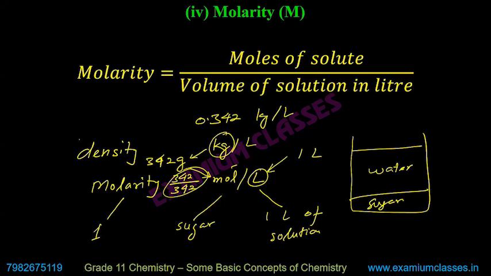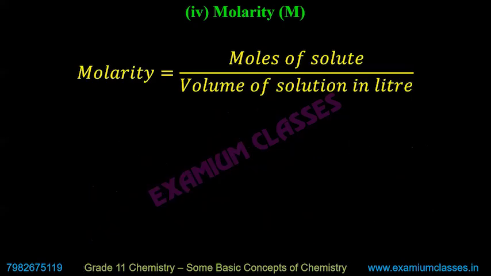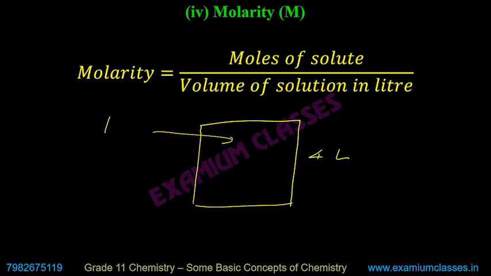In simple terms, you need to understand, if you have, say, 4 liters of something and it has a total of 16 moles of anything, to get the molarity, your job is to get how many moles will be there in 1 liter. So I can divide it into 4 parts.